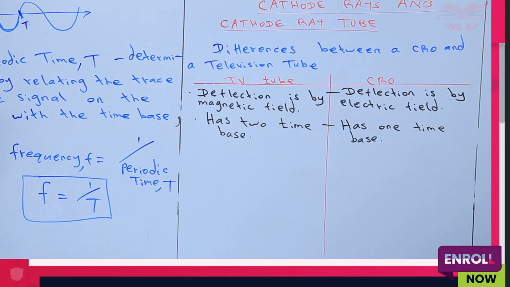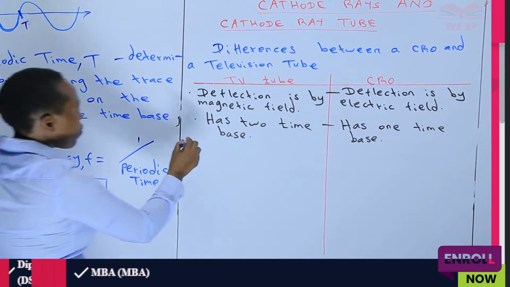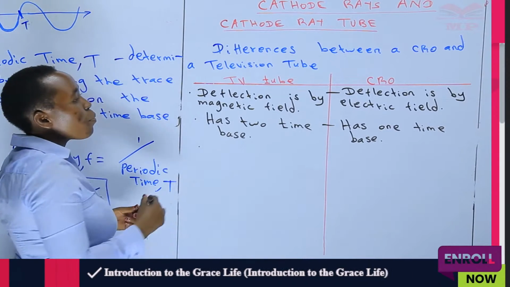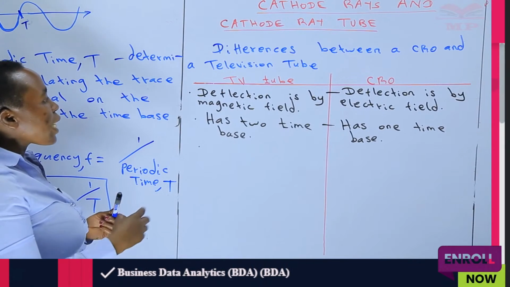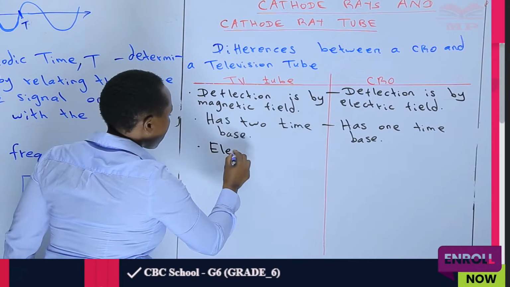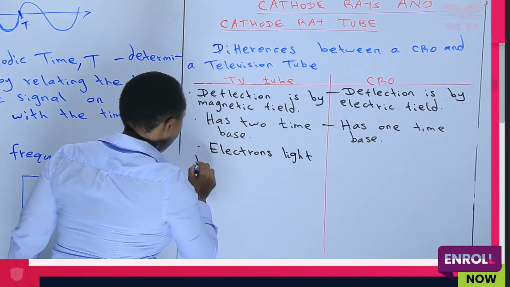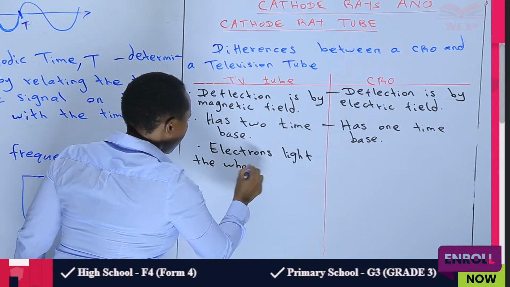Then we can also say that electrons light the whole screen for a TV tube, and that's why you are able to see the whole screen being lit in a TV. So the electrons light the whole screen.